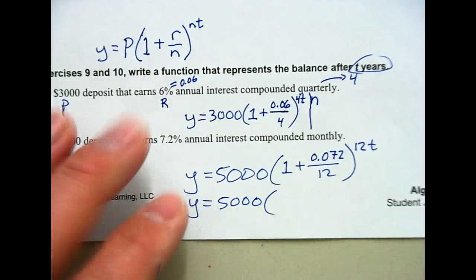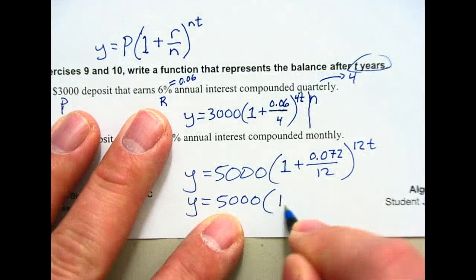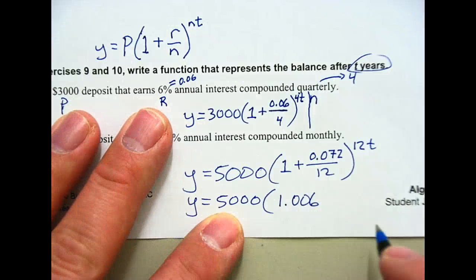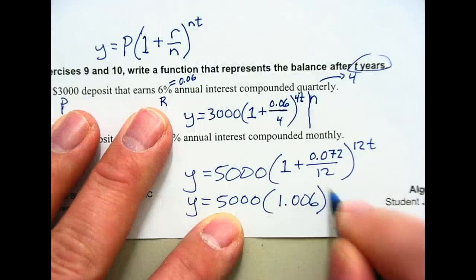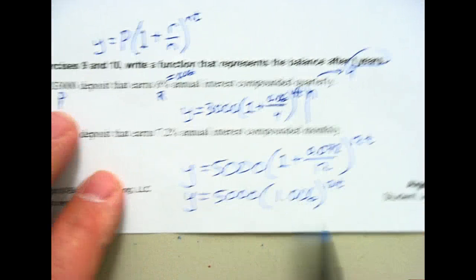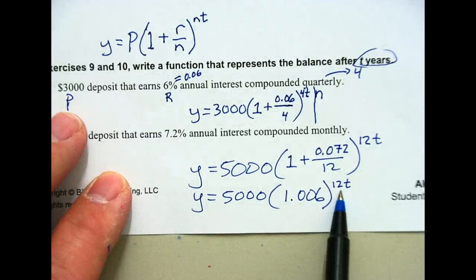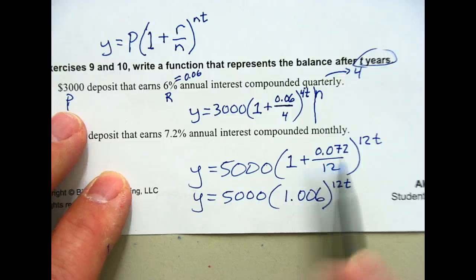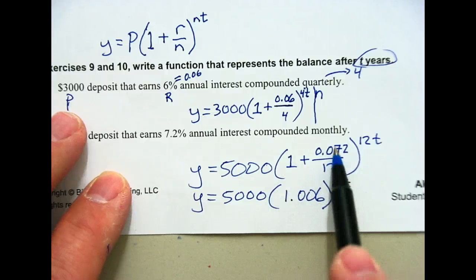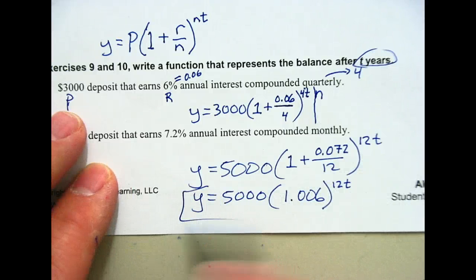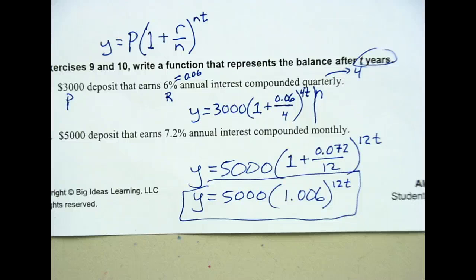I got 1.006. Anyone else get that? Okay. So you're probably going to simplify this so that you actually see your a, your b, and your x. We didn't do that, but you want to go ahead and do the math in here. You're not going to have a lot of these tonight, but when you get to this point, go ahead and make sure that you divide and then add to 1. All right? Very well done. Okay, you have your assignment.